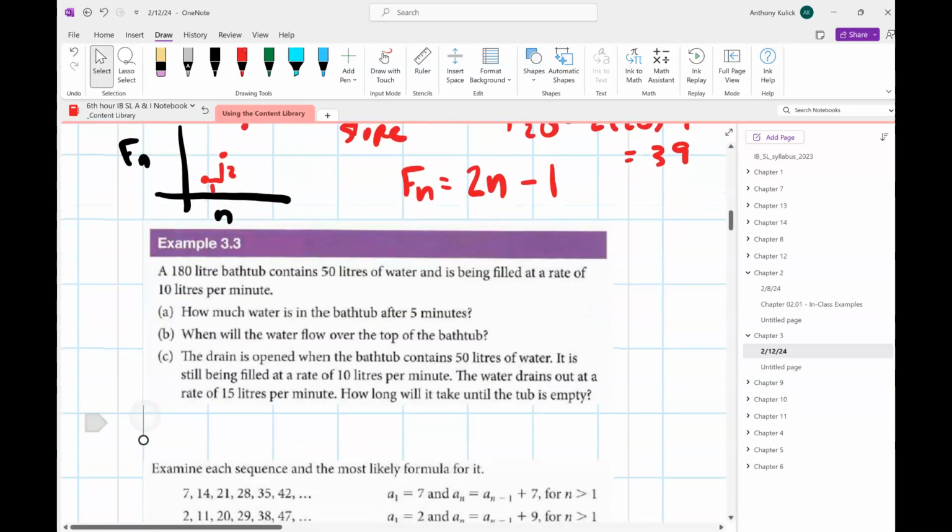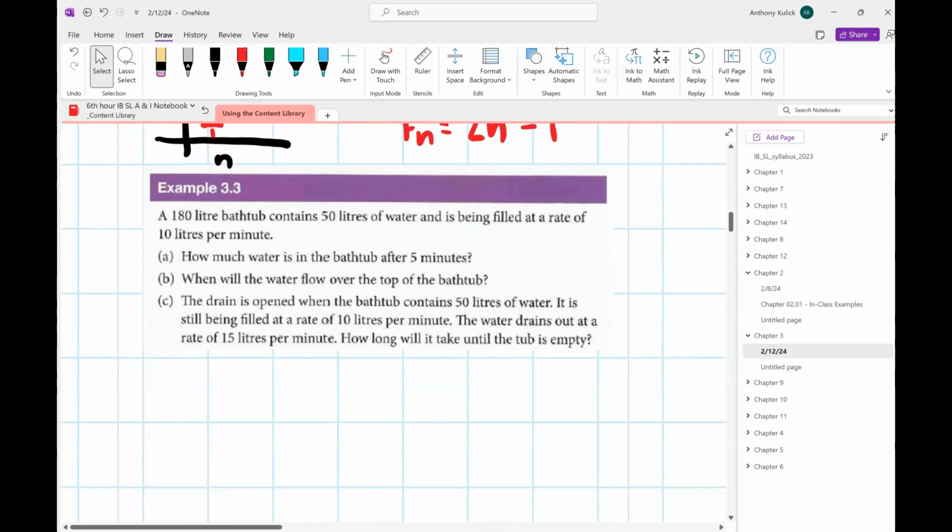All right, let's look at another example of how we can use a sequence. So a 180-liter bathtub contains 50 liters of water and is being filled at a rate of 10 liters per minute. How much water is in the bathtub after 5 minutes?